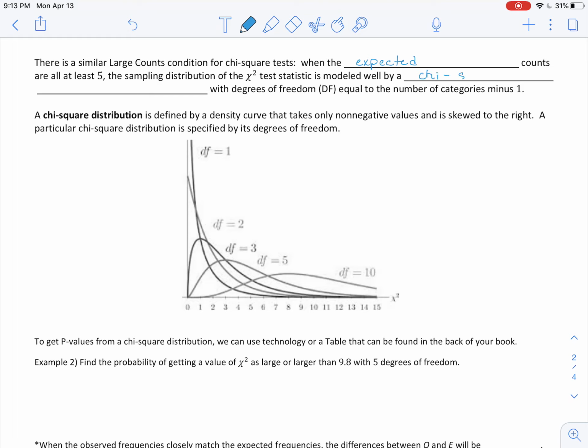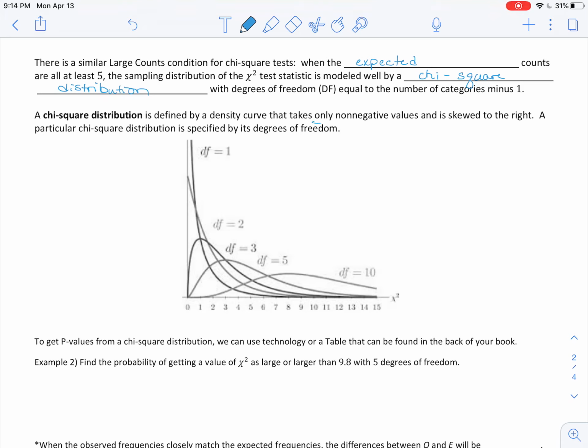As long as the expected counts are all at least 5, your sampling distribution of this test statistic is modeled well by a chi-square distribution. And we already talked about degrees of freedom. It's the number of categories minus 1.